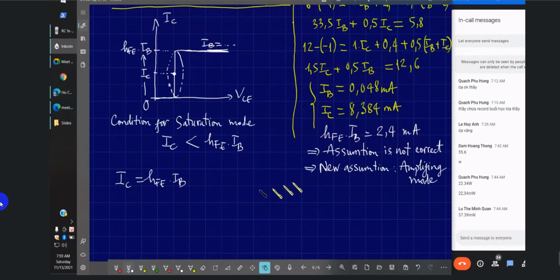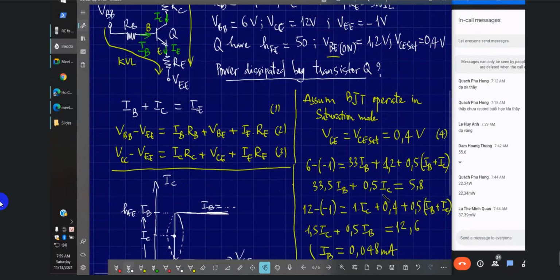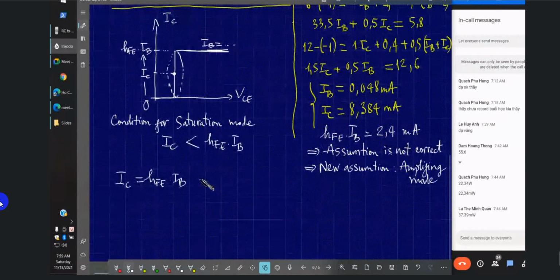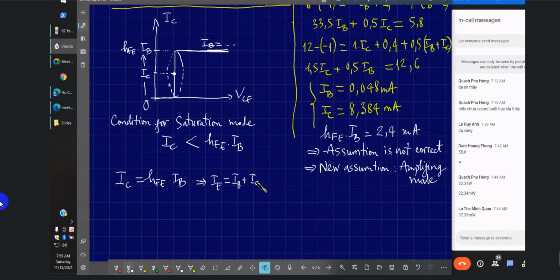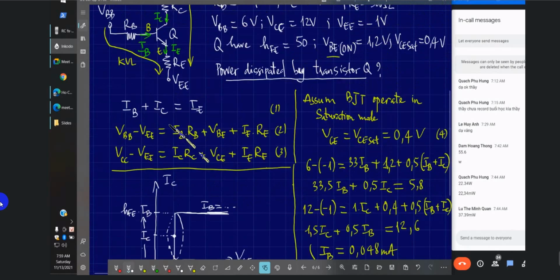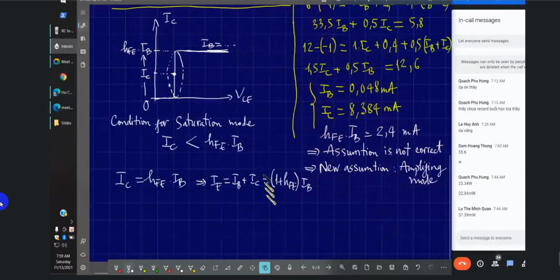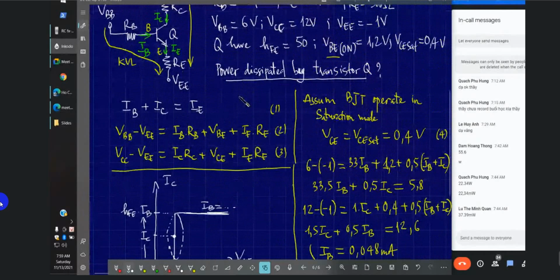We got this one, and we have to do it again from here. So IE is IB plus IC, so we get 1 plus HFE, multiplied with IB. So we replace the equations here into equation number 2 and equation number 3 to get the result.